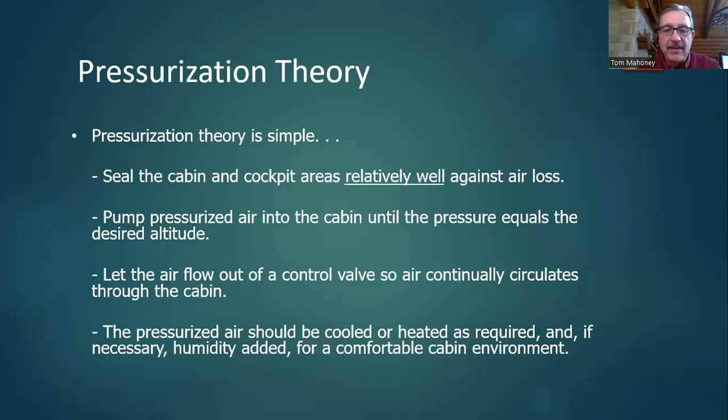Let some air go out of the control valve so that air continuously circulates through the cabin. The pressurized air should be cooled and heated as required, and if necessary, humidity added for a comfortable cabin environment.